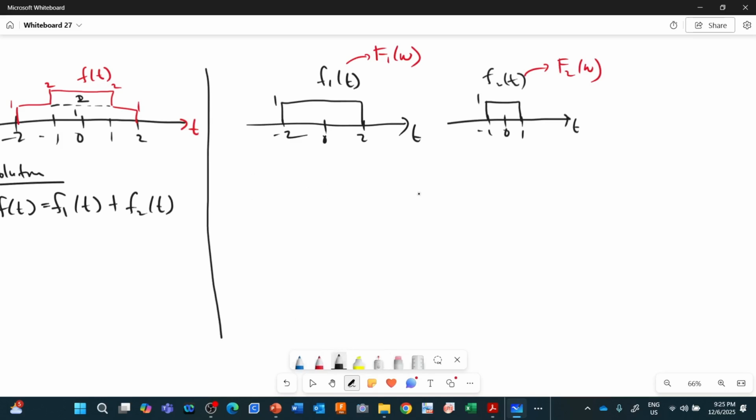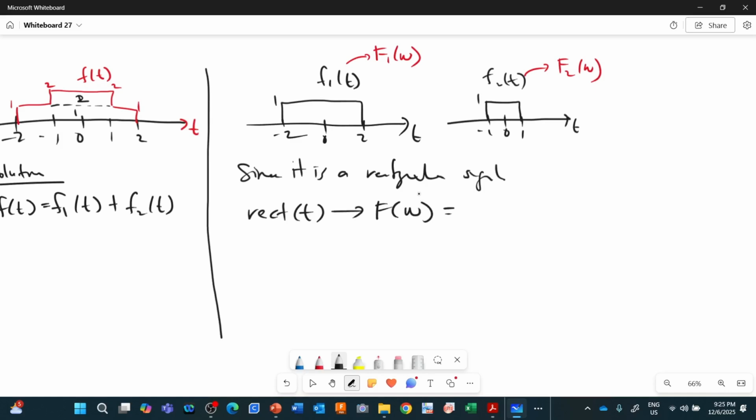Since we know that it is a rectangular signal, we use rect of T. Which is what? F omega equal to what? What's the equation? A T sinc of omega T over 2.